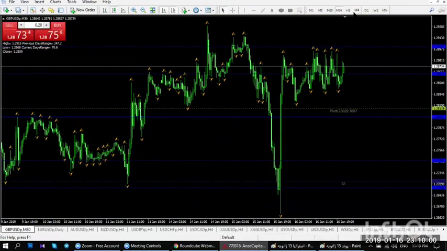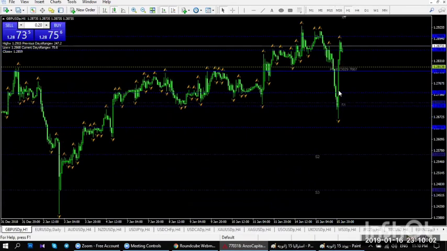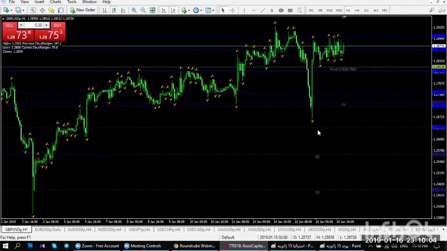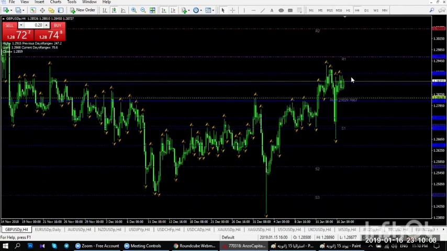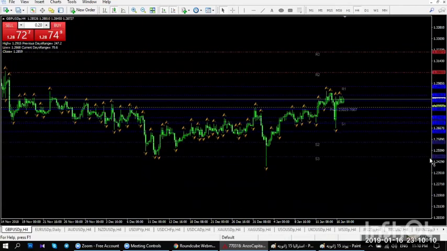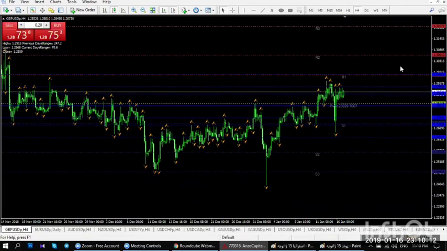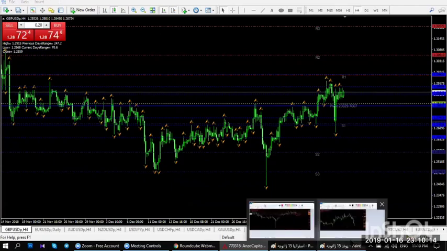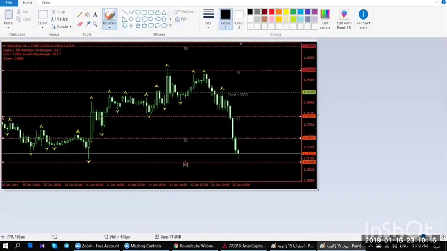It was a weekly pivot that I stopped at. You see this? This is a weekly pivot. And in today's chart, the lines have been updated from the top. You see the top lines haven't been broken.